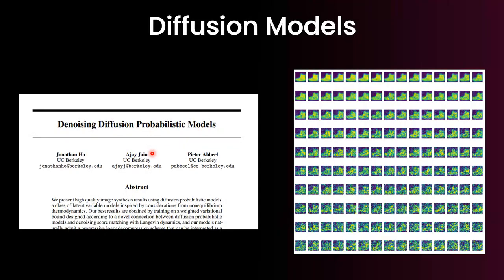There are also noise conditioned score networks, which are a type of diffusion model, and stochastic differential equations, also a type of diffusion model, and much more. As I mentioned in the beginning, there is a lot of research in this topic and a lot of architectures of diffusion models.